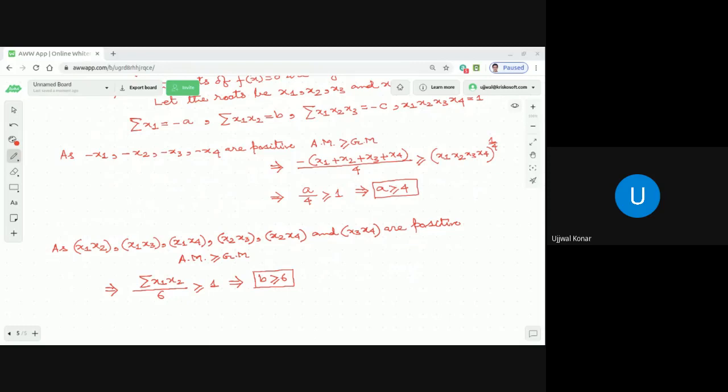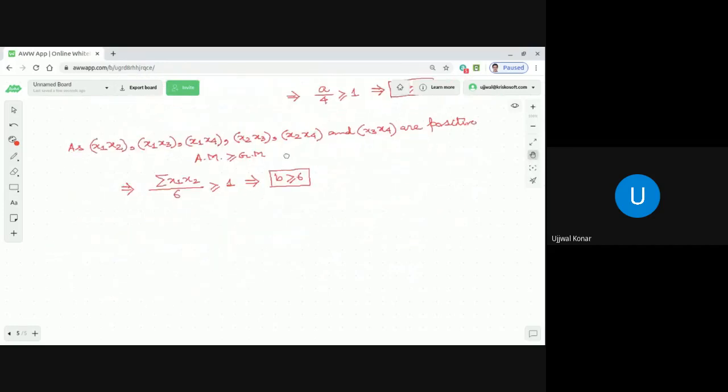Now, dear students, we are going to take 3 at a time. So what are the 3 numbers? Minus x1x2x3, minus x1x2x4, minus x1x3x4, and minus x2x3x4. See, x1 into x2 into x3 is negative because x1 is negative, x2 is negative, x3 is negative.